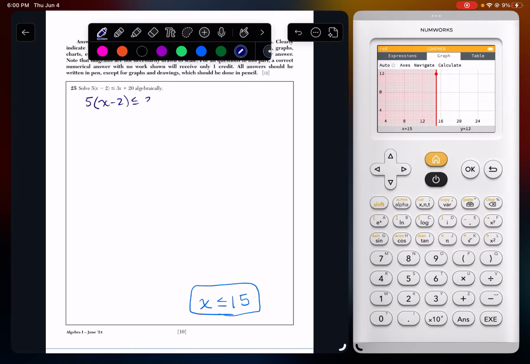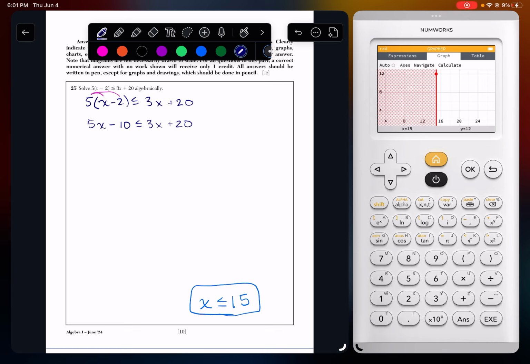So if I have 5 times x minus 2 is less than or equal to 3x plus 20, first I'm going to distribute over here. That gives me 5x minus 10 is less than or equal to 3x plus 20. And now what I would like to do is collect all of my linear terms on one side, and I want to collect my constants on the other side.